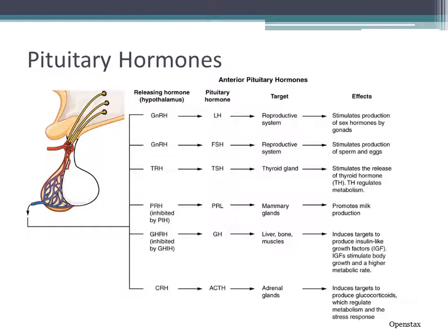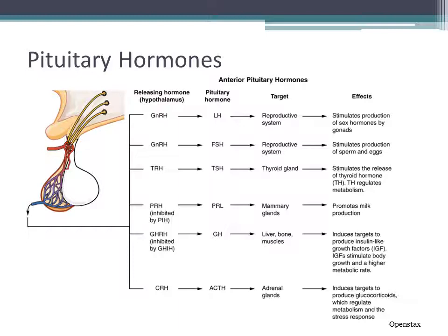The next axis is the thyroid axis, or the hypothalamus pituitary thyroid axis. It starts with TRH, thyrotropin releasing hormone, which stimulates the pituitary to produce TSH, and TSH stimulates the thyroid gland to produce thyroxine.